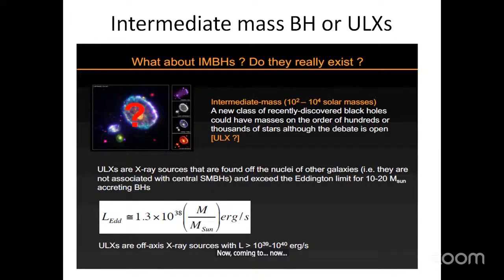Now, we know that there are stellar mass black holes. We don't have any problem; we have very good physics for this. We know how these stellar mass black holes are made and produced. We have an entire theory. There are some ifs and buts, but on a general scale, we know what is happening.